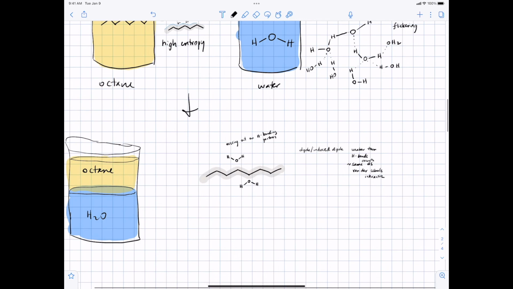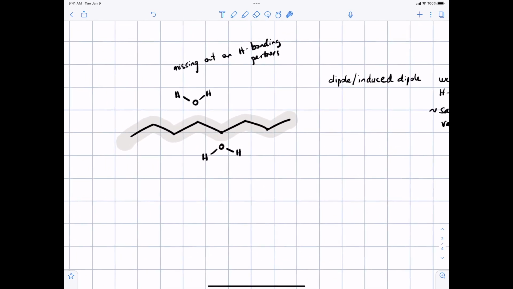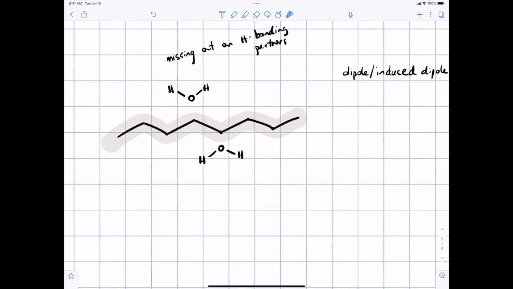In other words, in bulk water, it doesn't matter where you turn, there's always somebody to hydrogen bond with. But if you're immediately next to the nonpolar molecule, the way that you turn dramatically influences who and what you can hydrogen bond with. And so these water molecules in the immediate vicinity of the nonpolar molecule have to adjust their positions so as to maximize their opportunities for hydrogen bonding.